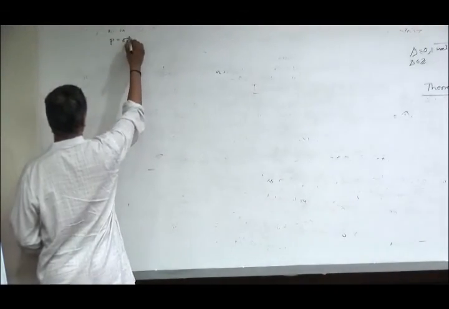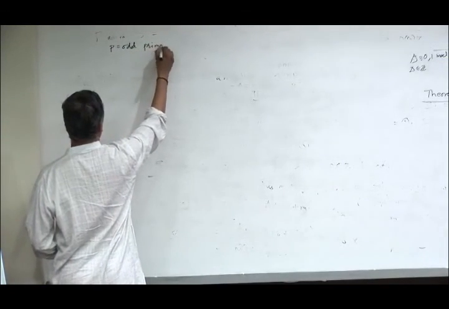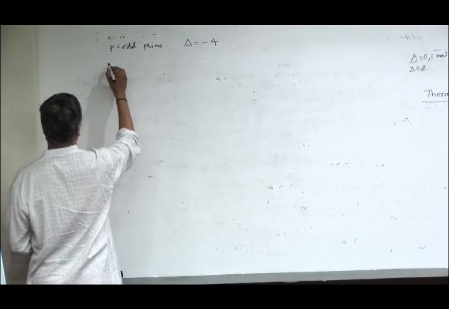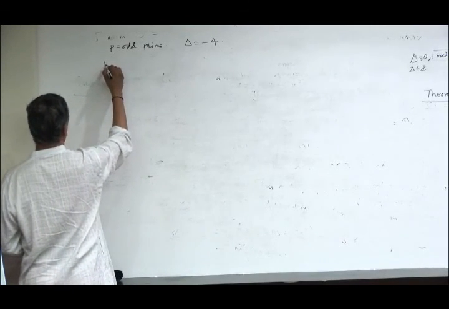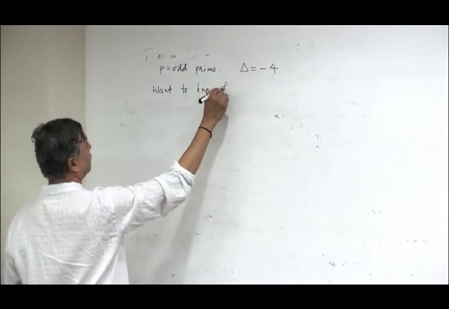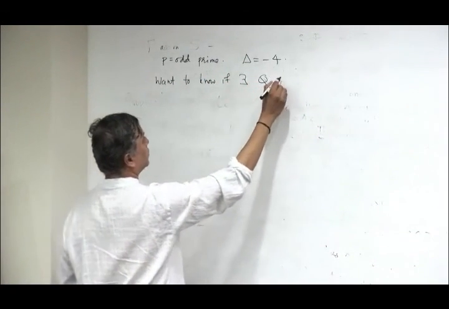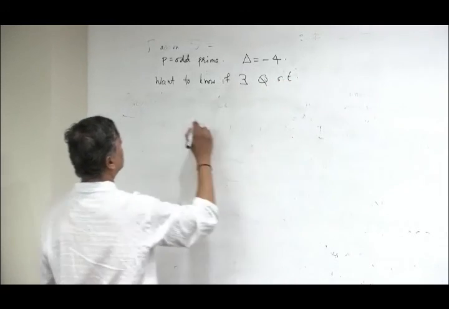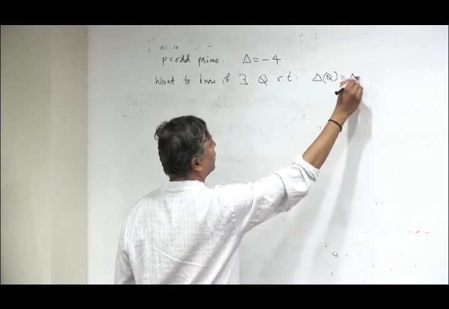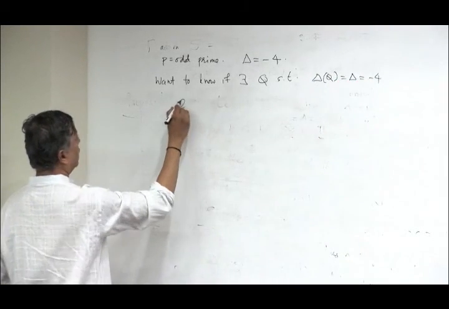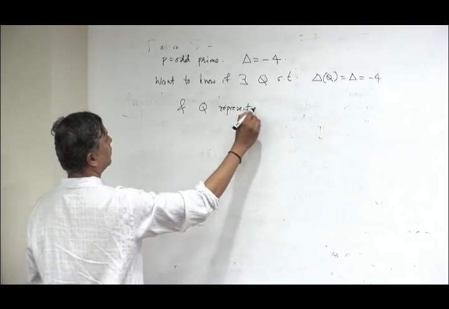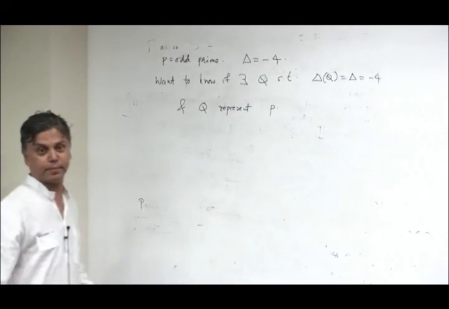So P is an odd prime, delta equal to minus 4. I want to know if there exists Q such that delta of Q is the given delta and Q should represent P, the prime.